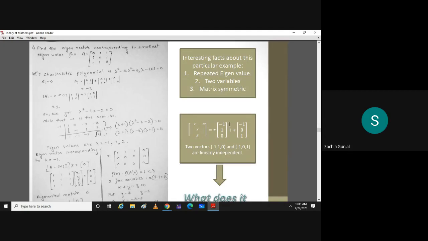Now, if you observe these two eigenvectors, -1, 1, 0 and -1, 0, 1, what is the dot product of these two vectors? Everybody knows how to take a dot product, right? It is 1.